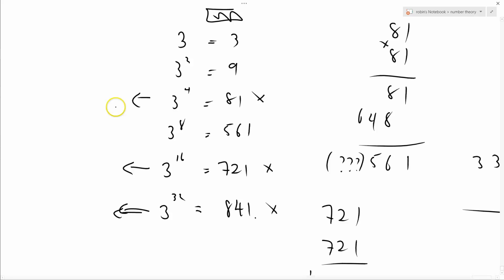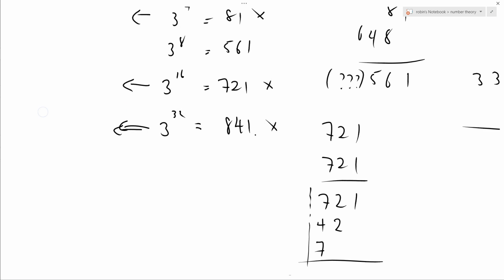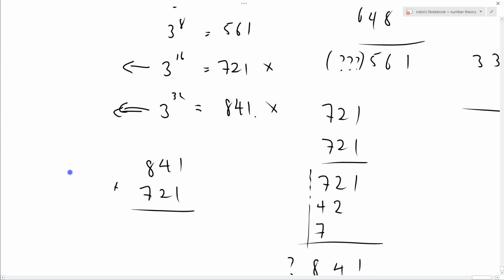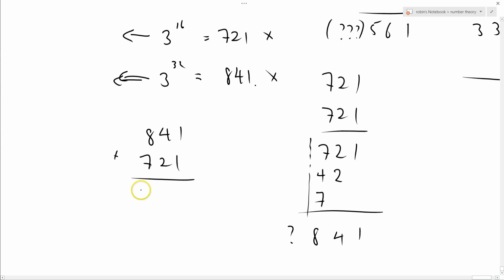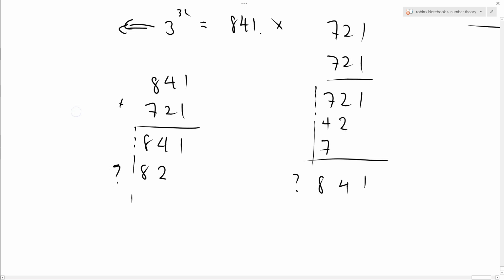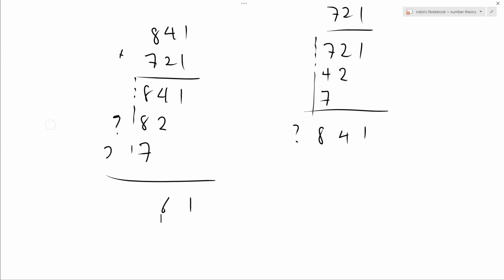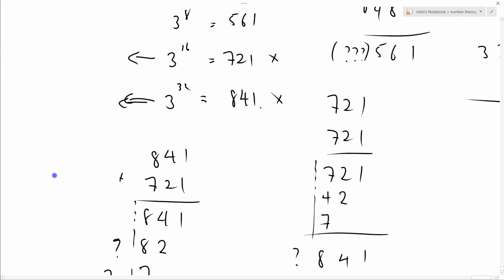Well, let's just pile in. Can we see any tricks here? I don't see any particular tricks. We'll just have to do it longhand: 841 times 721. It's nice that they all end in 1. Here's my line. 2, 8, doesn't matter. 7, doesn't matter. 1, 6, 8 and 8 is 16, and 6 plus 7 is 13, so it's 361.